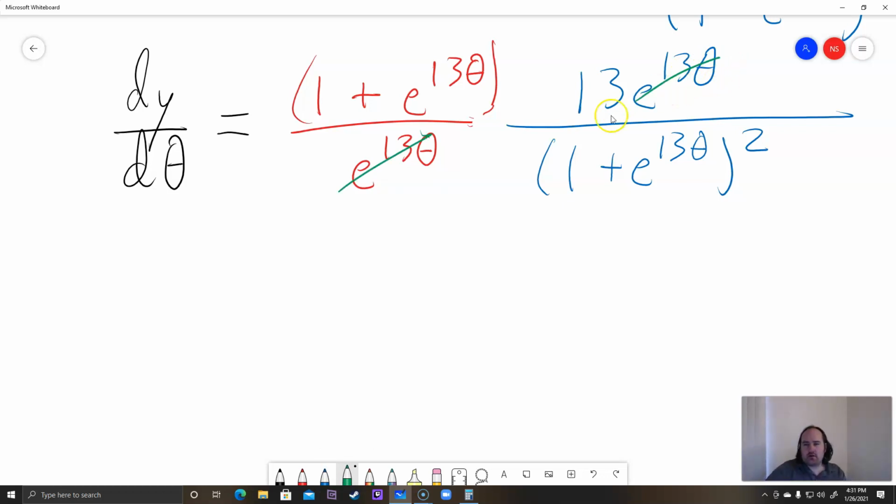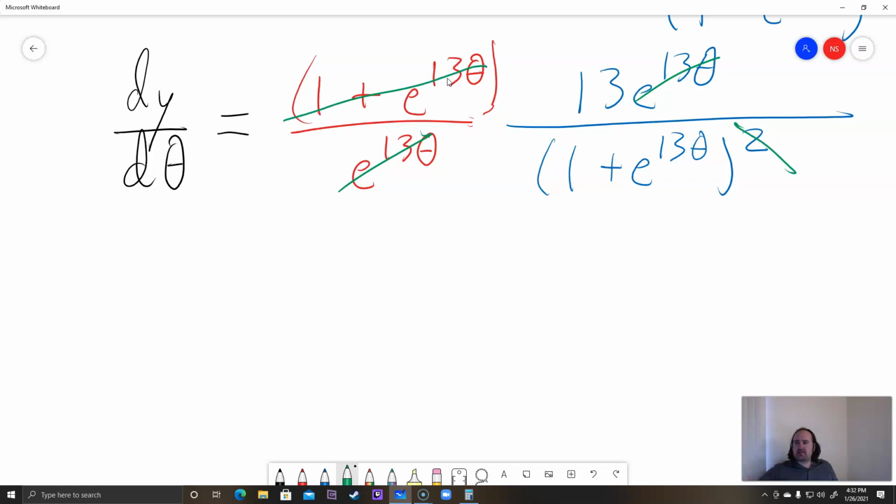And then you should also notice that we have the quantity 1 plus e to the 13 theta on the top, and then the quantity 1 plus e to the 13 theta squared on the bottom. So those are exponentials with the same base, so we subtract the exponents. In other words, the square and this thing is going to cancel out, and we're just going to be left with a 1 plus e to the 13 theta on the bottom.